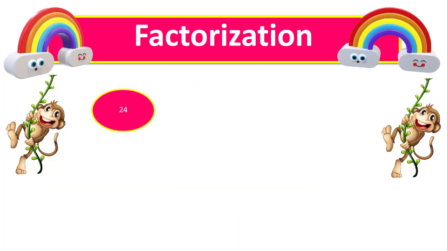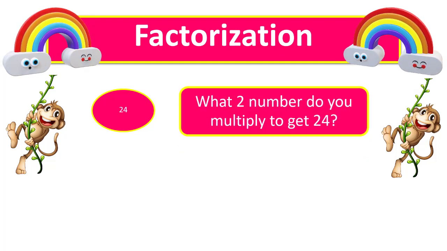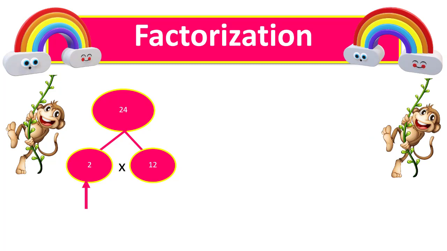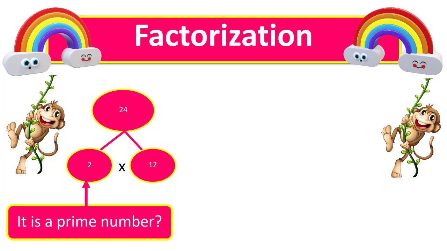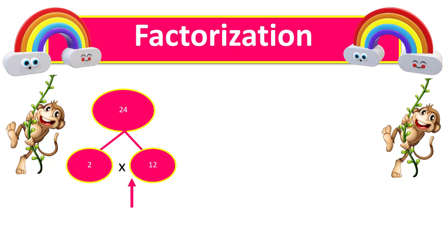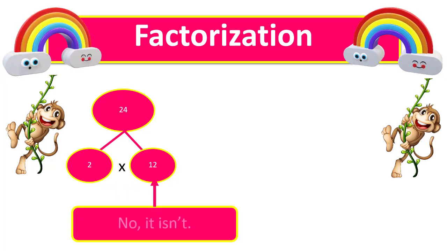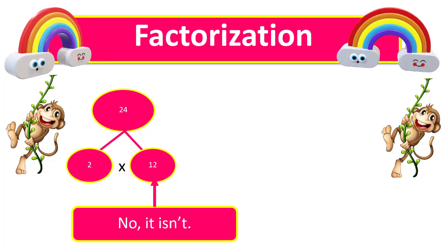Look at number 24. What two number do you multiply to get 24? Very good. It's 2 times 12. Is it a prime number? Yes, it is. Now look at number 12. Is it a prime number? No, it is not.